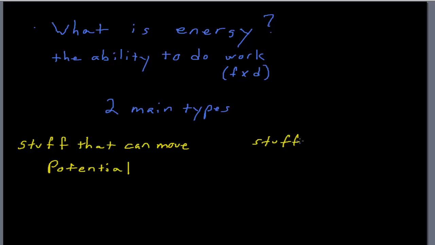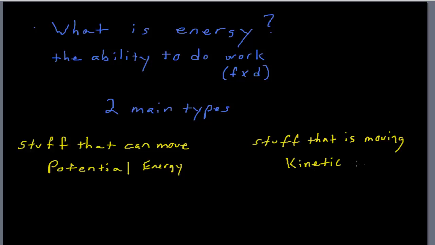Okay? Our second type, stuff that is moving. All right, and the word we use for stuff that is moving, and we've encountered this term before, is kinetic. Okay, so we have potential energy. That's stuff that has the potential to move with a force applied.